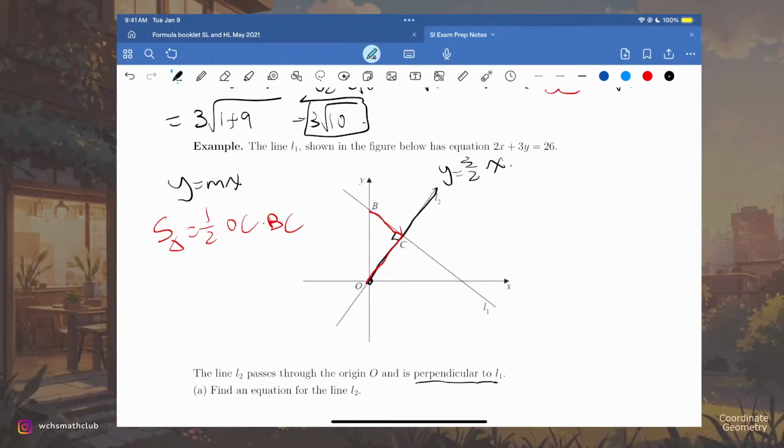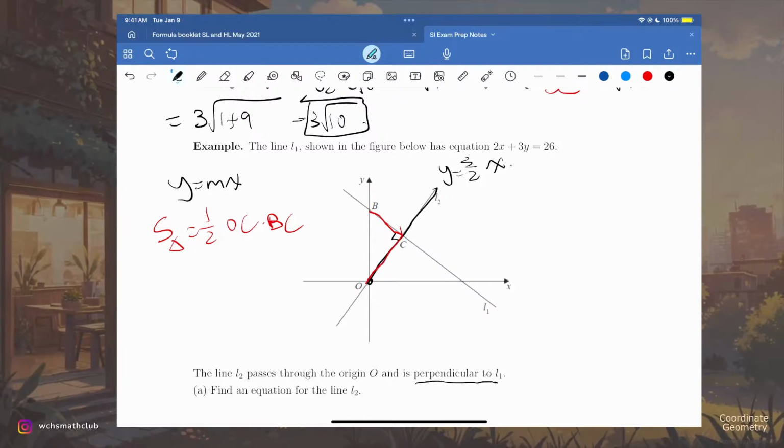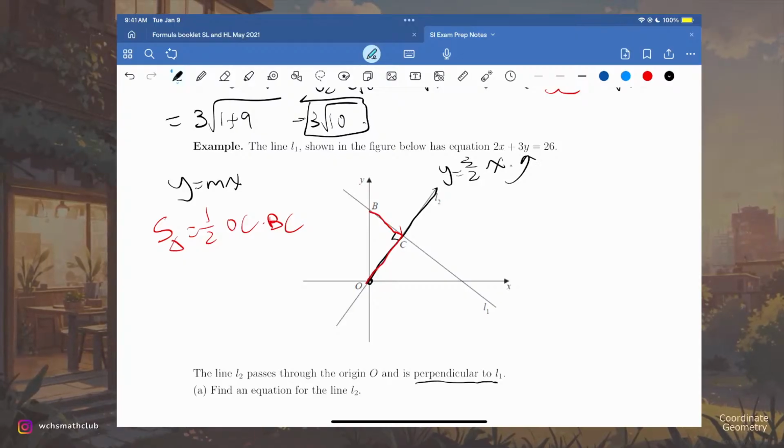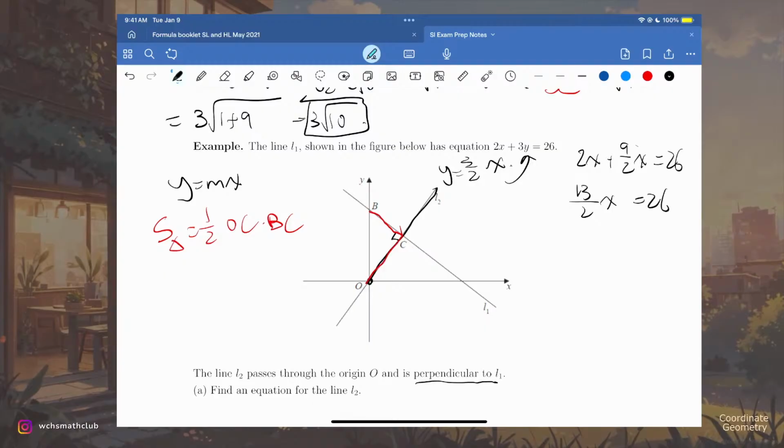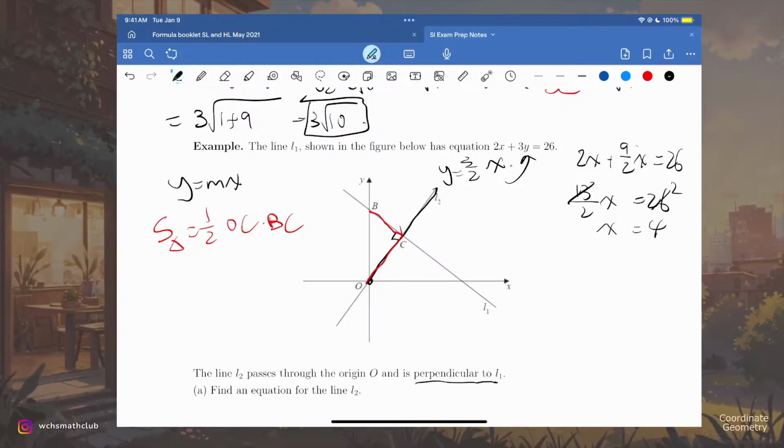We want to solve this system, and the good thing is we already have y as a function of x, so we can substitute immediately. We get 2x plus 9 over 2x equals 26. The numerator is 13, so we have 13 over 2x equals 26. That's pretty good because we get rid of the bad prime in 13 and 26. So we get x equals 4 for this point C.